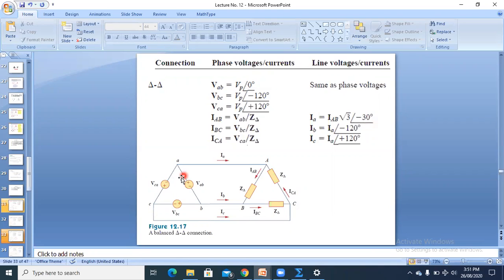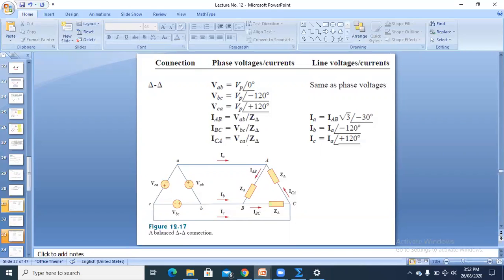So in a delta to delta connected system, the phase voltage and line voltage are the same, and the line current is √3 times the phase current with the lagging angle of minus 30 degrees.